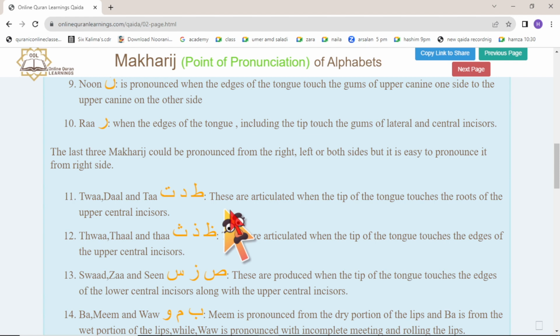So ta, dal, and ta will always be pronounced when the tip or edge of our tongue touches our first two teeth in the mouth.